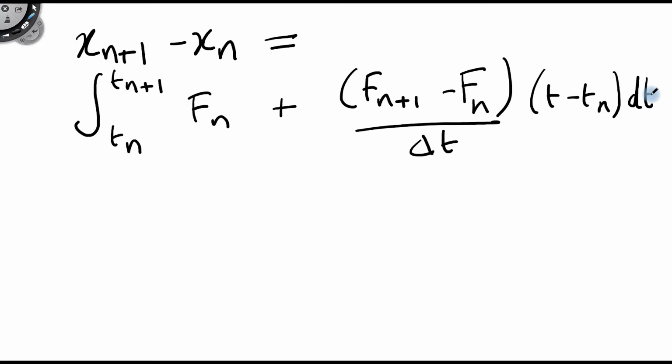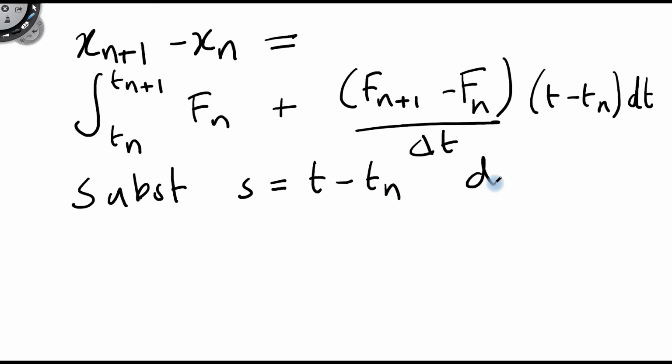Okay, and remember, just as before, we consider f of n plus 1 and f of n. Of course, delta t and t of n are all fixed, so the only thing that's varying is t. And we substitute again a dummy variable to make things easier. So s is t minus t of n, and then we know that ds equals dt.